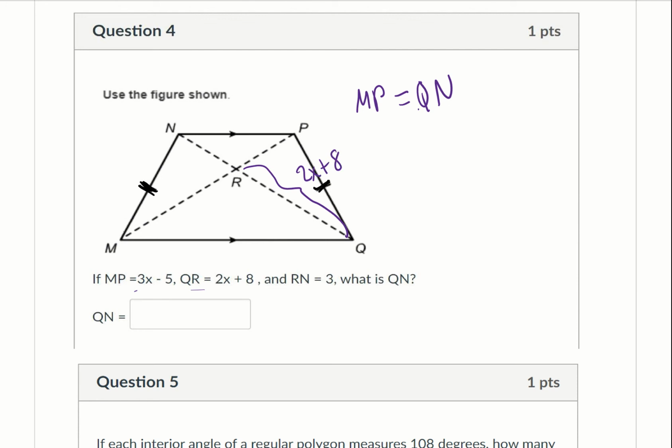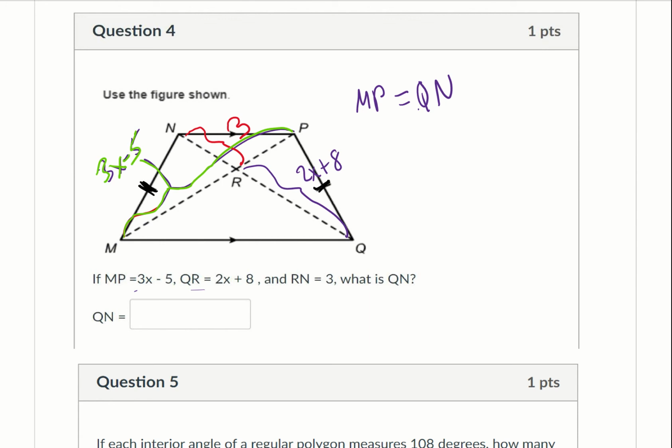MP, this whole thing, is 3x minus 5. And we have RN is 3. I'll go ahead and use another color for that. And in fact, I'll use another color for 3x minus 5, just so that we're not confusing ourselves.